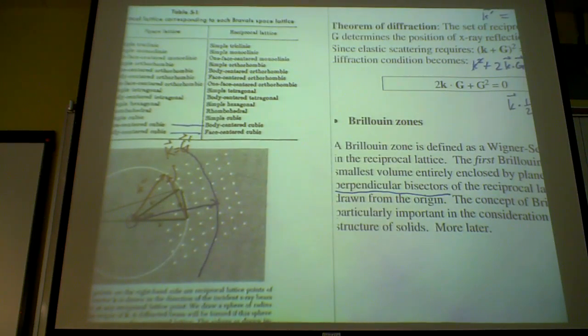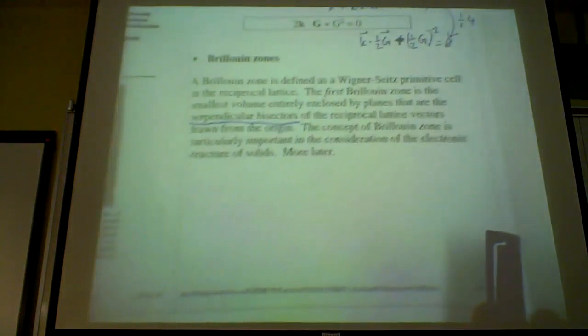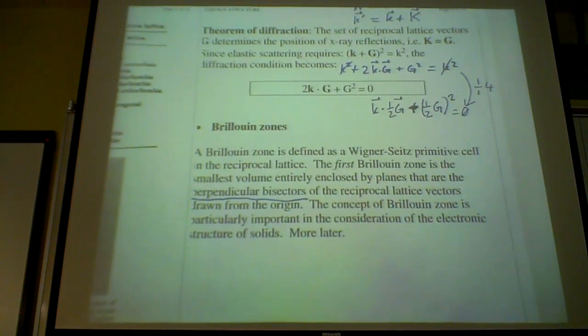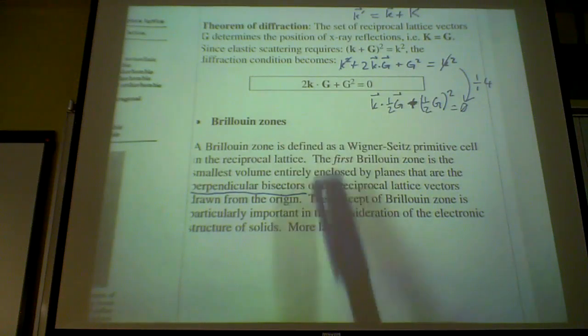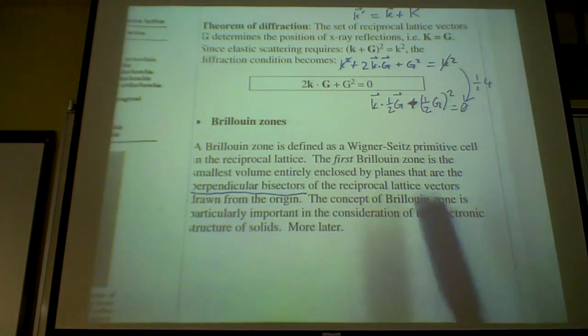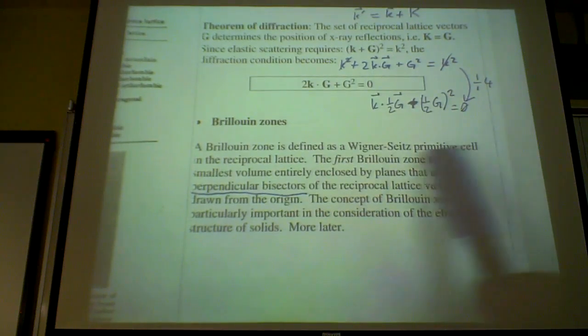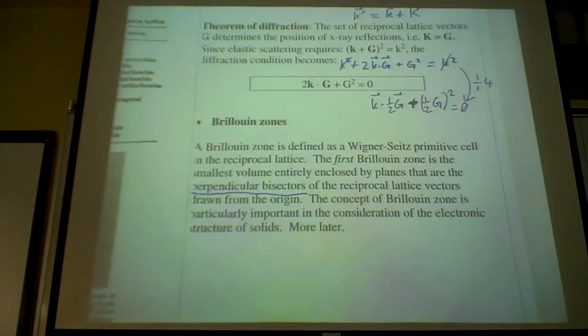Okay. And another sort of difficult concept, I'm introducing this solid state concept that some of you may or may not have seen, is the so-called Brillouin zone. The Brillouin zone is a Wigner-Seitz primitive cell, so-called Wigner-Seitz. Wigner, of course, is a great solid state physicist who came up with a lot of these ideas.